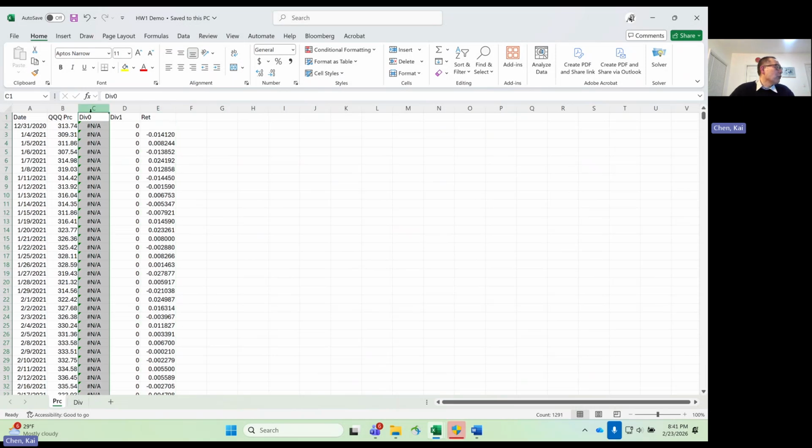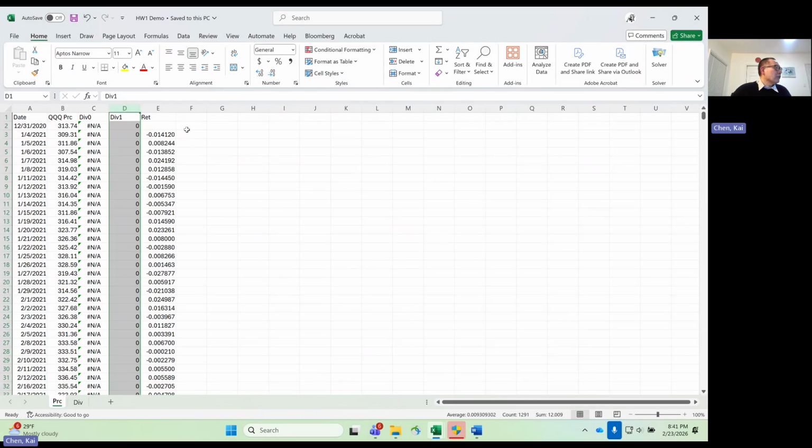First, we used the VLOOKUP function to merge the data, and then we used the IFNA function to convert the not available sign to 0, and then we calculated the return. Actually, we can combine these two steps into one step.